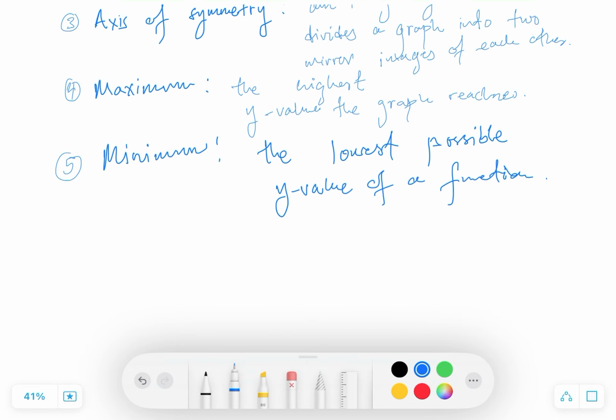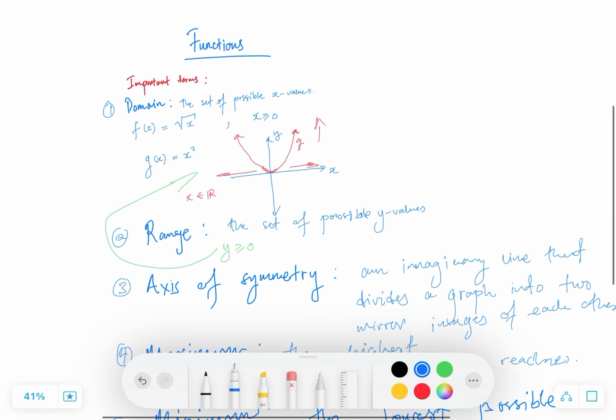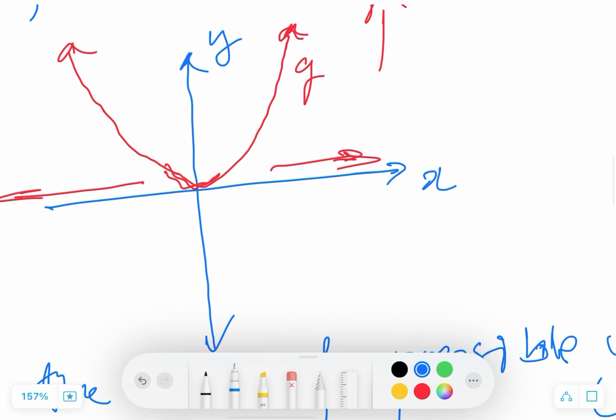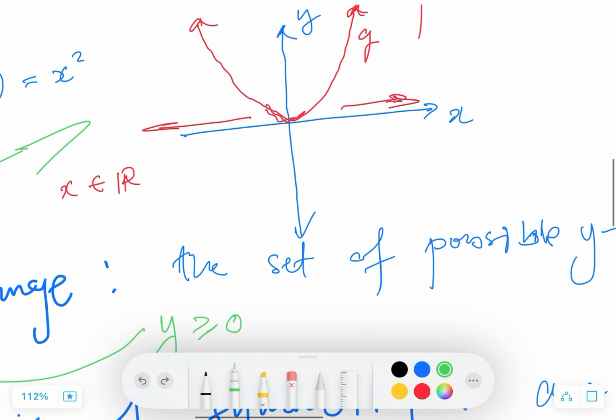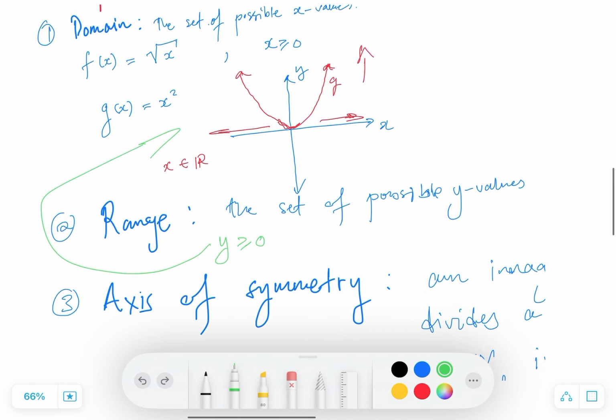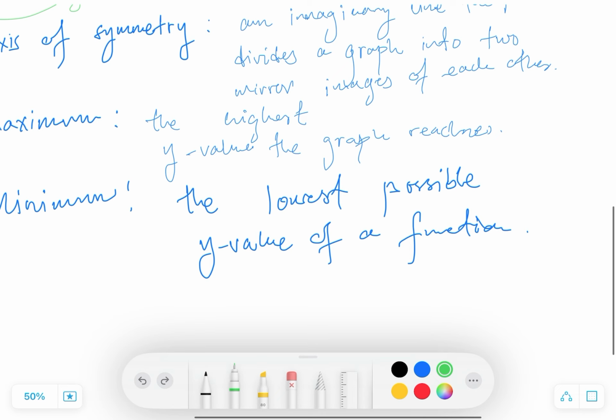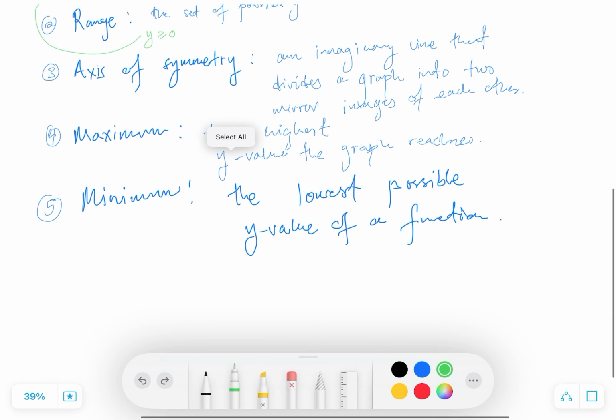So again, if you move along the graph and reach the lowest point before going up again, that point is the minimum value. For example, here, if you were moving this way, before you go up again, just here, you are at the minimum, which is the lowest point of the graph. Right. So it's a y value.